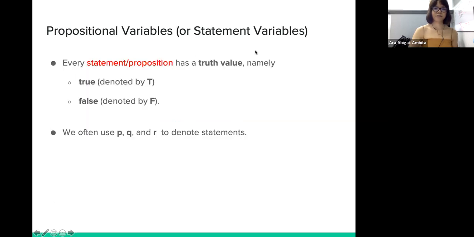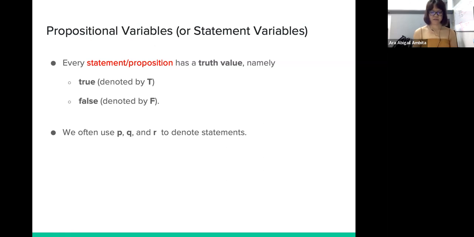Okay, every statement or proposition has a truth value, as you have seen earlier, namely true, which is typically denoted by T, or false, which is typically denoted by capital letter F. We also use propositional variables or statement variables, that is, letters or variables that can represent propositions.